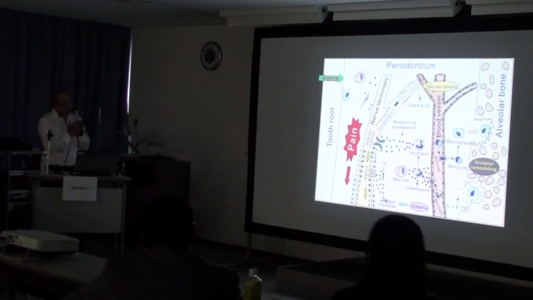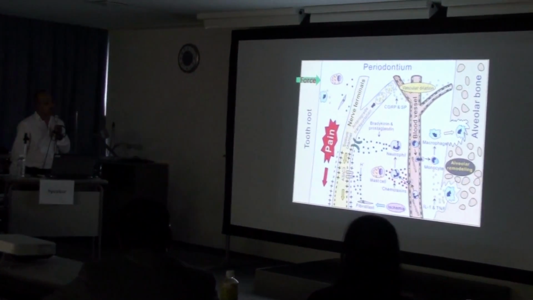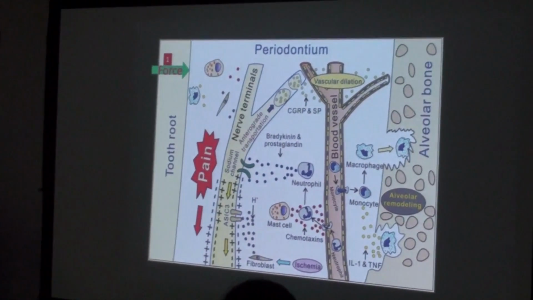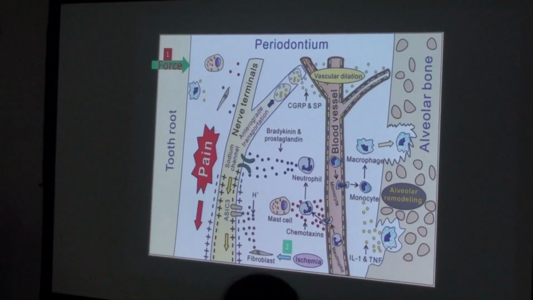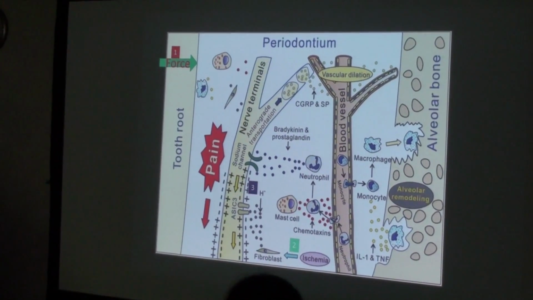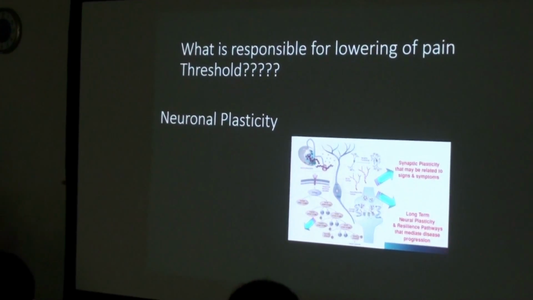This is the same theory represented in the figure. When we apply force, there is transient ischemia, of course, and a mild acidic environment is created, and that causes pain.